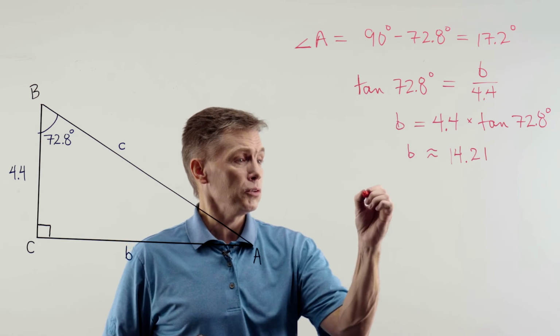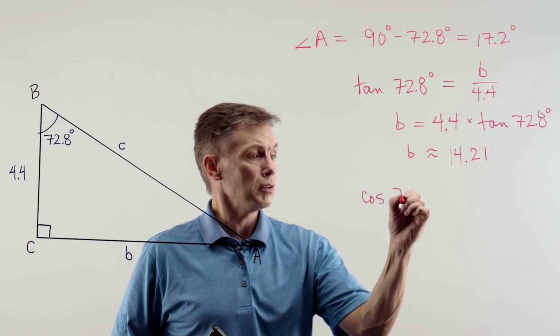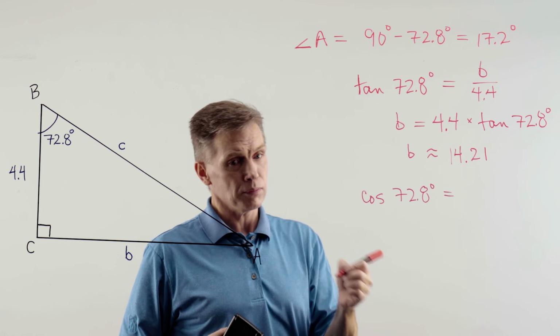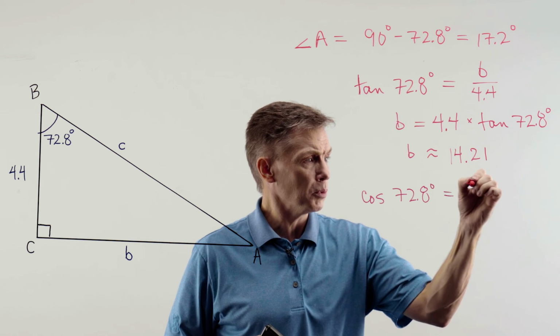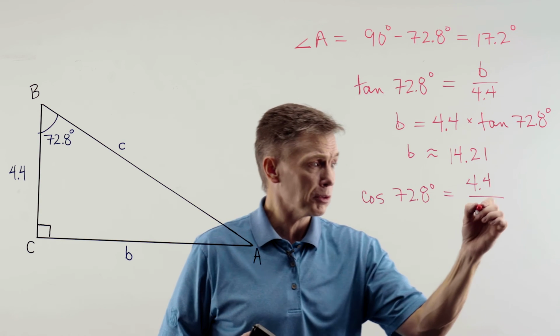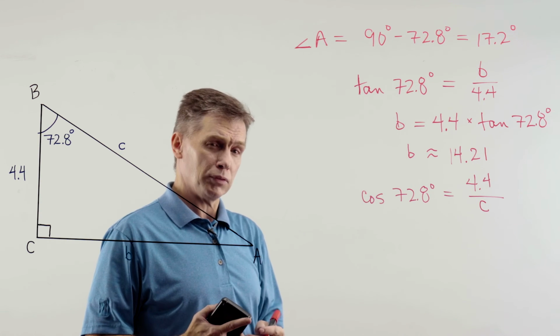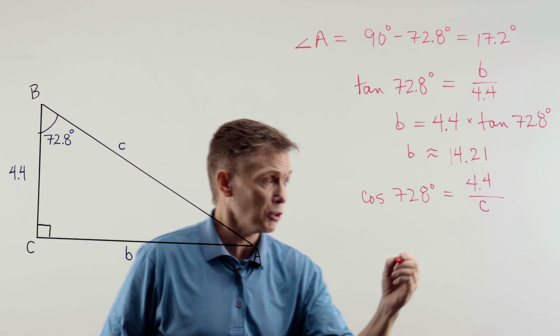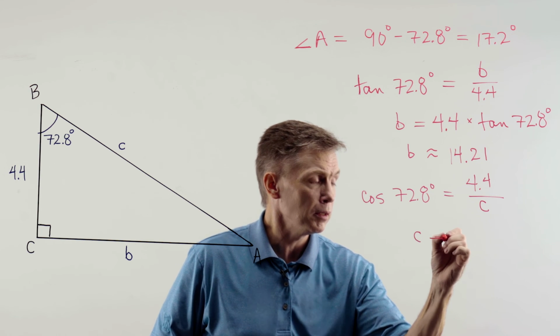So cosine of 72.8 degrees will equal the adjacent side, which was 4.4, divided by the hypotenuse that we don't know. That's what we're trying to solve for, and that's C. And there's an equation that involves just C, so we can solve for C here.